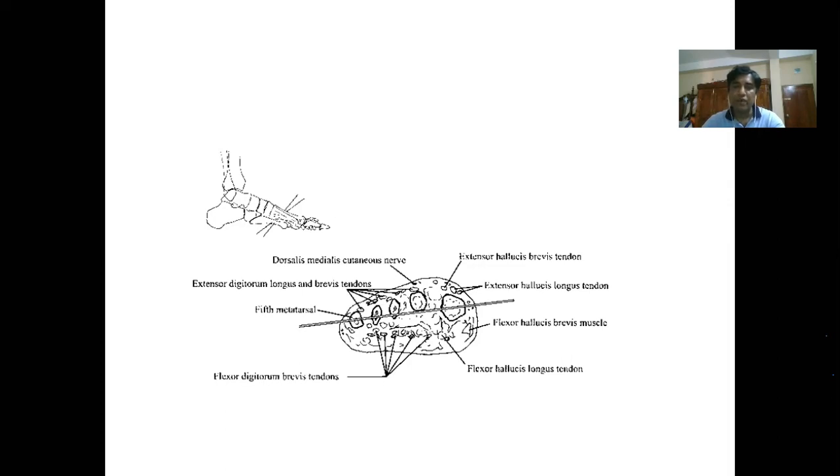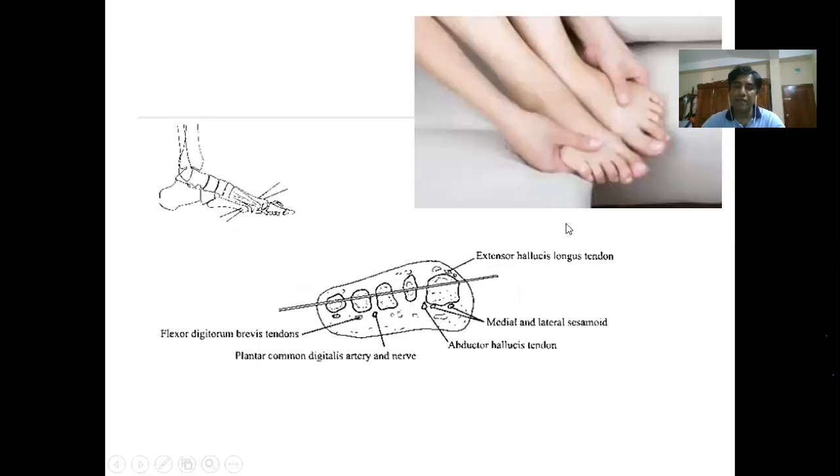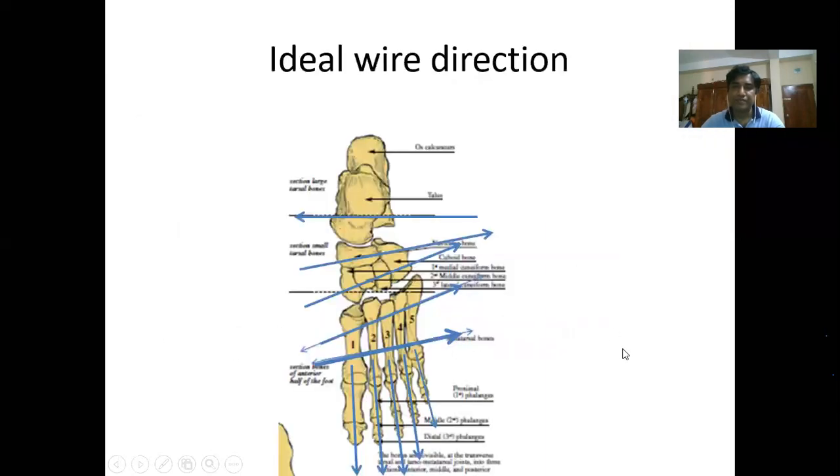Even when putting the wires here, one important thing is that if you want to put wires through all the bones, you have to press the metatarsal heads to flatten the dome, so that you can pass your wire through all the bones. This type of flattening, you have to push the metatarsal heads to bring them in the same plane. This is nicely demonstrated, and if you follow the picture, then you can get the idea also.